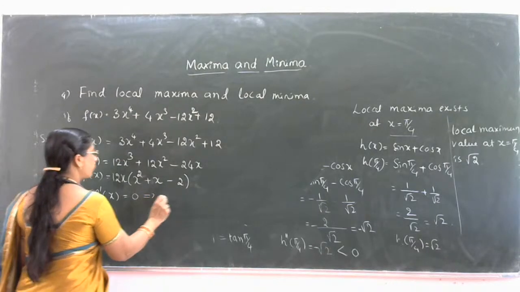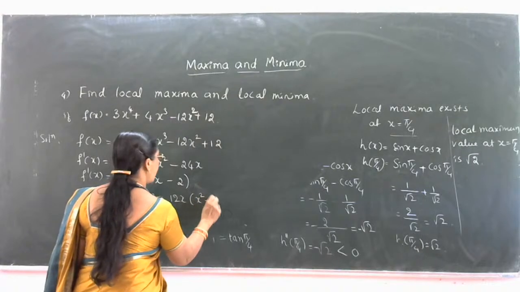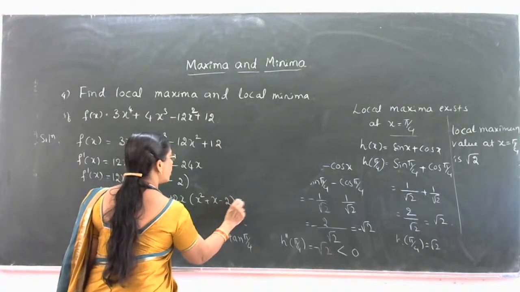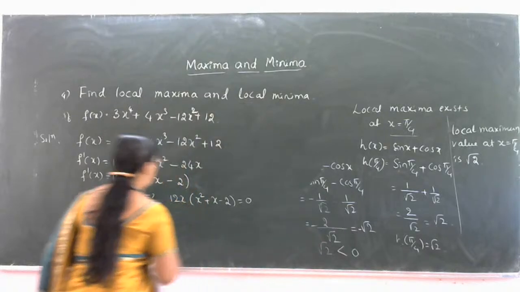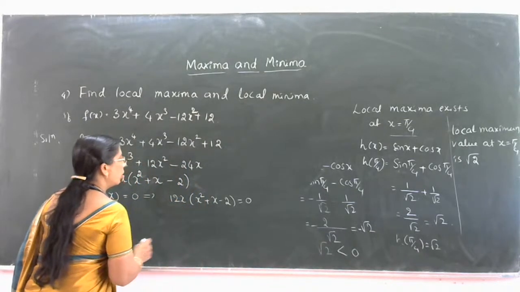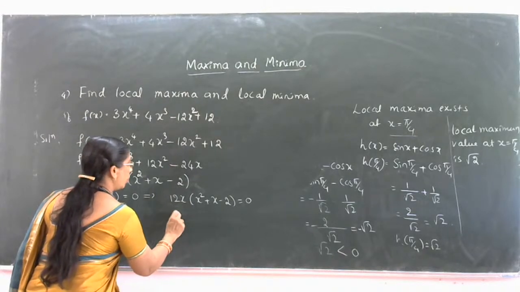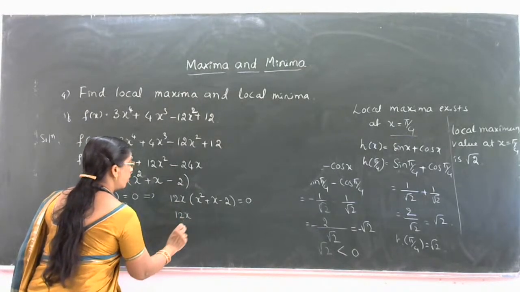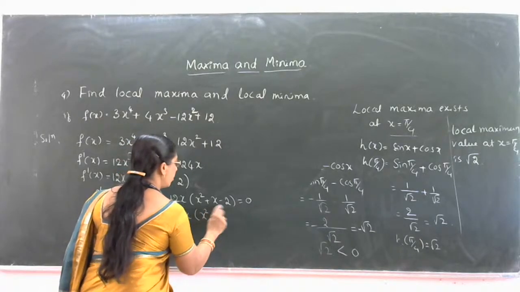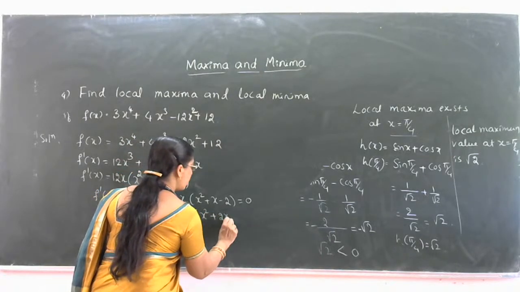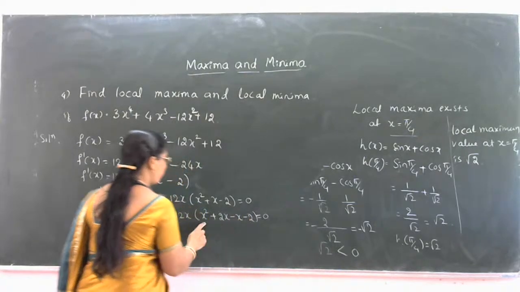That implies 12x into x square plus x minus 2 is equal to 0. Here, 12x into x square plus 2x minus x minus 2 is equal to 0.